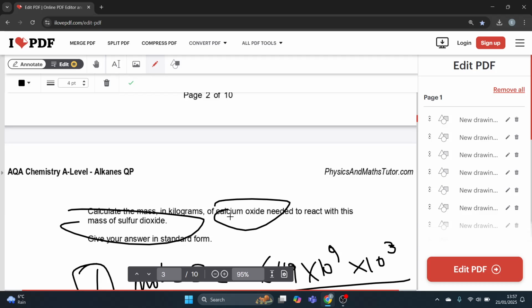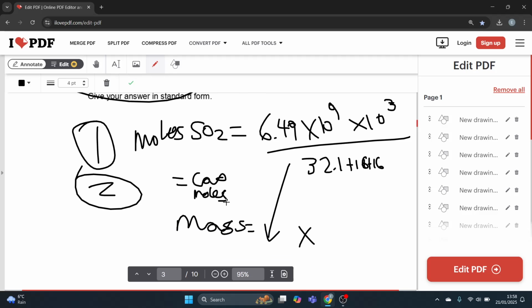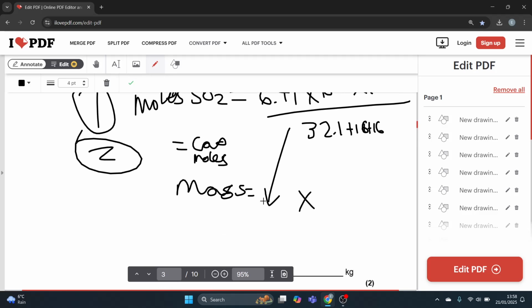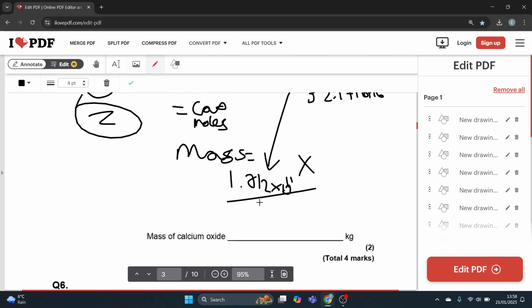So it's going to be that, which is 1.012 times 10 to the power 11, and I also want to then times it by 56.1.